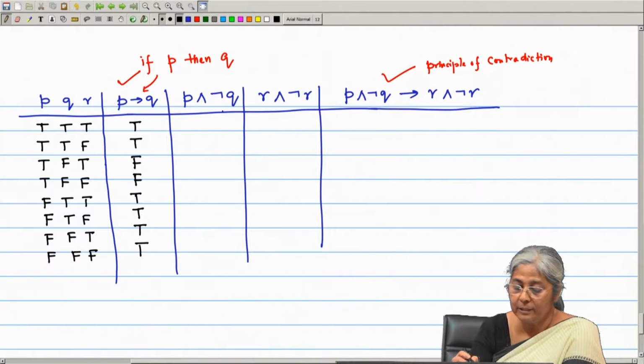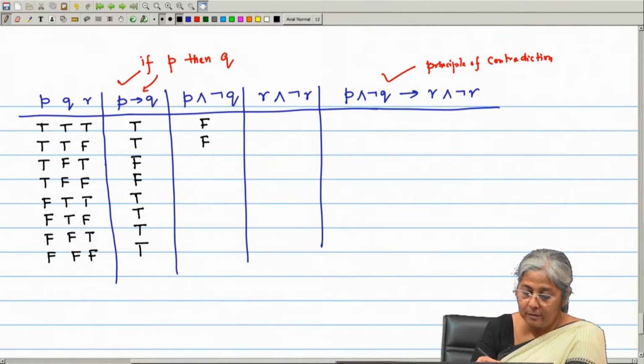Then P and negation Q. Negation Q is false for the first two cases, so this becomes false. The next two are true. Then again negation Q is false, so this is false.